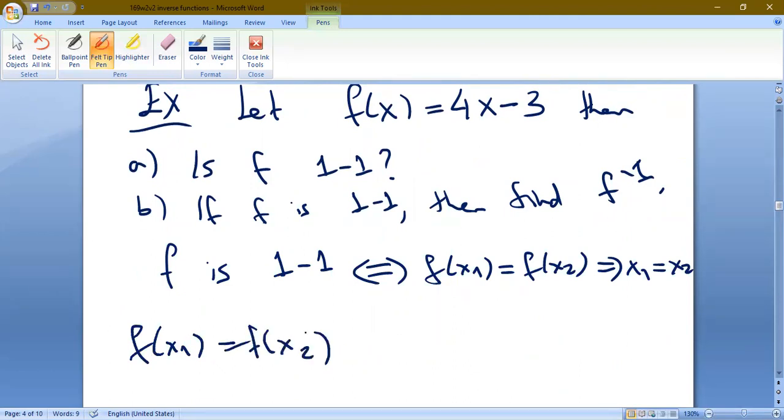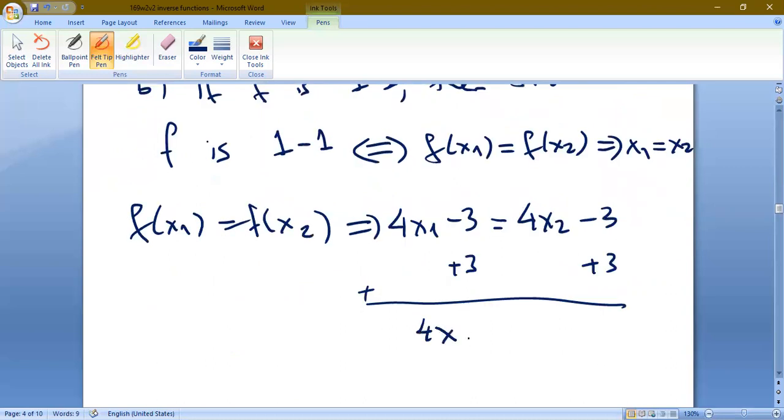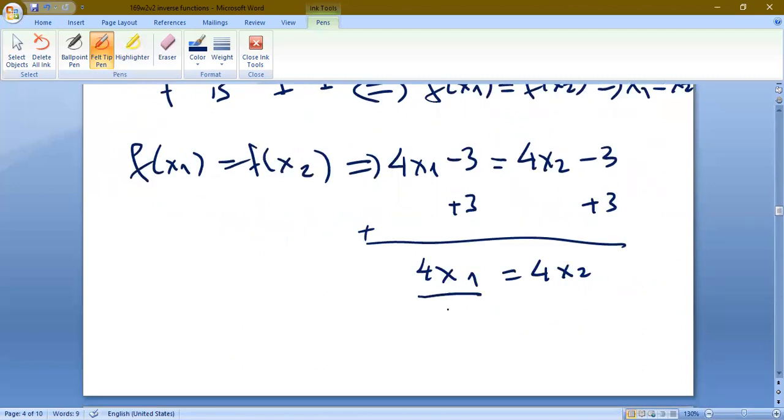Then what is f? f takes the input x, multiplies it by 4, and then subtracts 3. So it's going to do the same for x2. So it's going to multiply it by 4 and subtract 3. If we add 3 to both sides, what are we going to have? 4x1 equals 4x2. And then if we divide both sides by 4, what are we going to get? x1 equals x2.